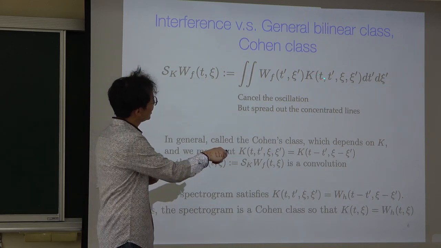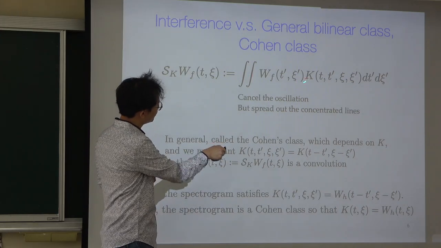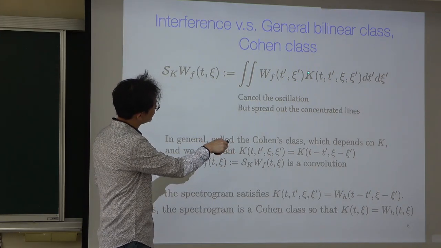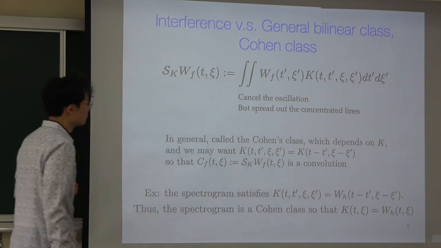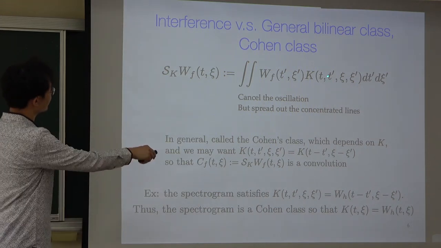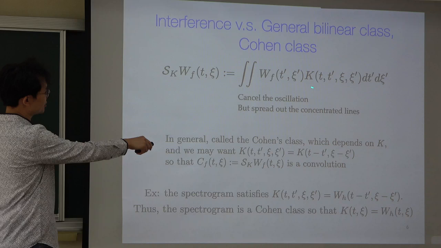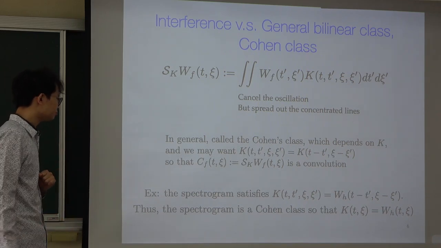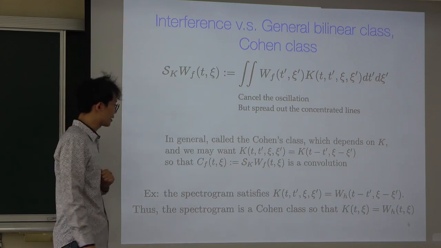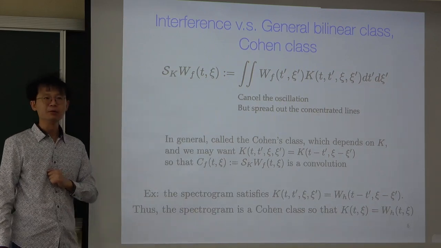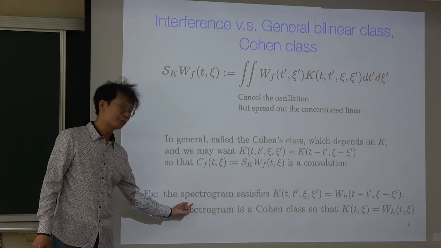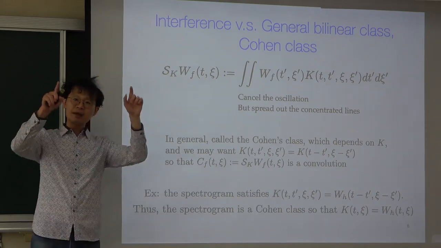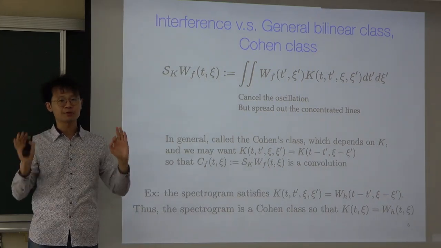And the idea is actually applied to the Wigner-Ville distribution. You apply some kind of kernel. And depending on the kernel, you have different names. But as long as you apply a kernel in this way, this is called Cohen class. For example, the spectrogram is the magnitude square of short-time Fourier transform.